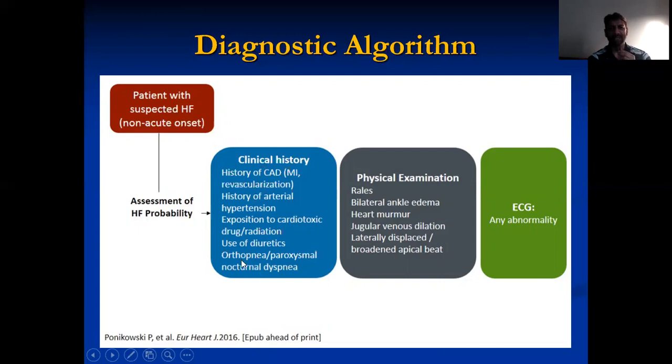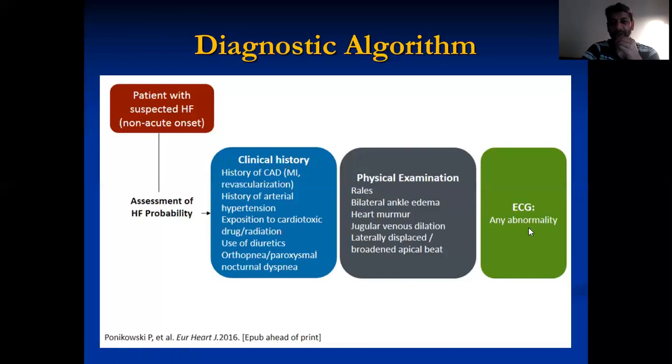So again, this algorithm is showing those same things. At the time of presentation in a non-acute onset patient, you have to judge: is your patient coming with the syndrome of heart failure? If so, what's the etiology? What's the aggravating factor? What is the functional class of your patient? And what is the stage of your patient?